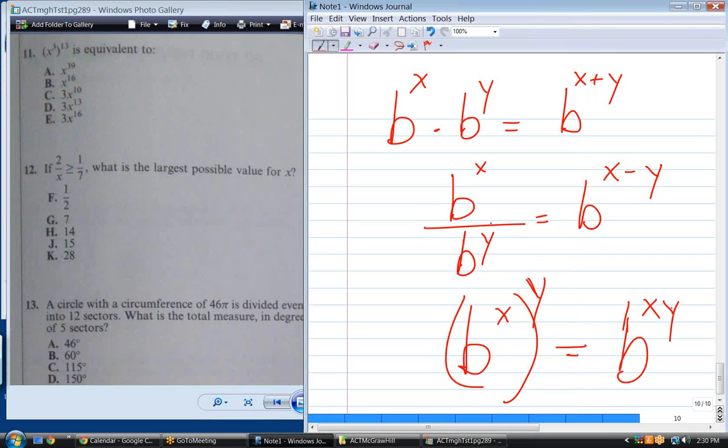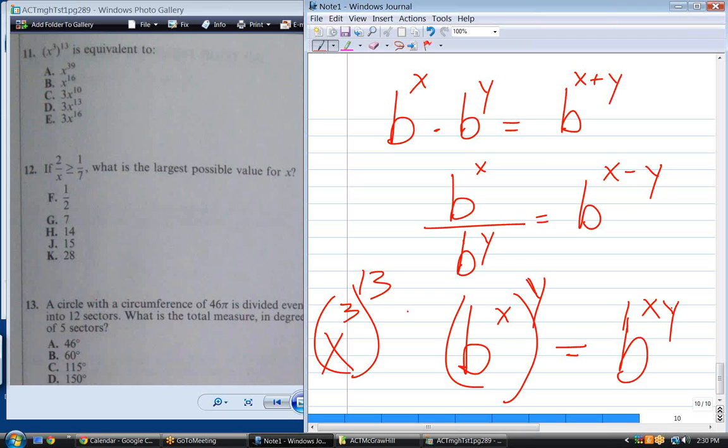And I didn't want to look at this because in this case, x is the base, not the exponent. So I didn't want to confuse you by relating this to this. But this problem, b to the x to the y, is the same as x to the 3rd to the 13th.